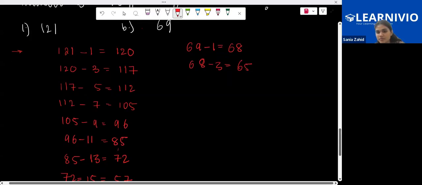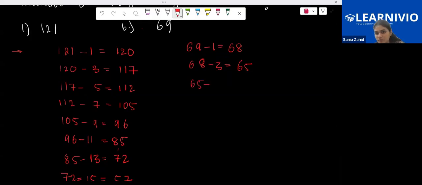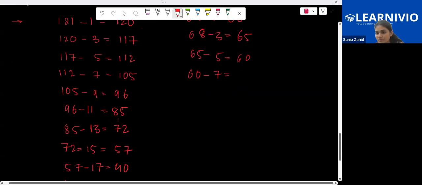Then 65 minus 5 gives 60. Then 60 minus 7 gives you 53.